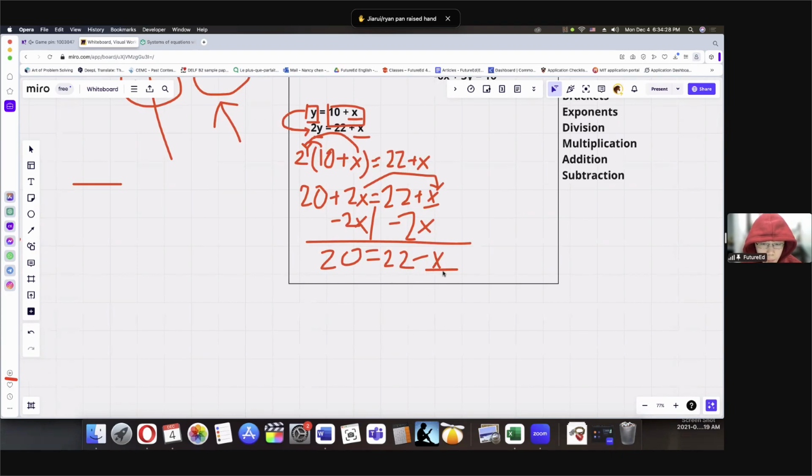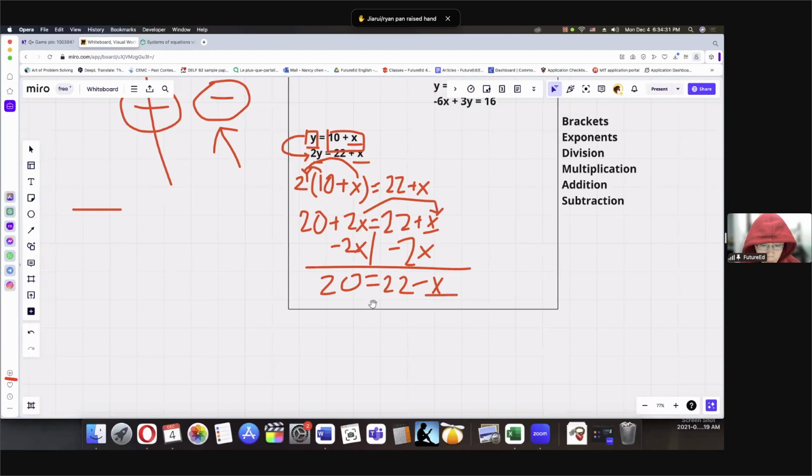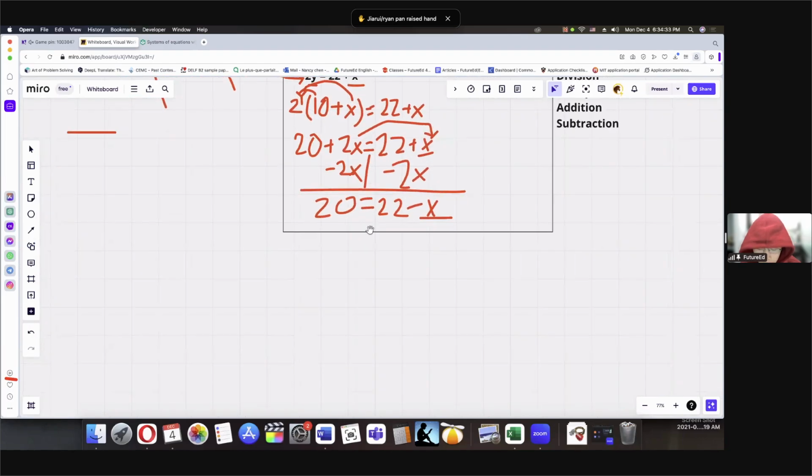So we take the x. And what can we do? Wait a second. 22 minus 20 is 2.